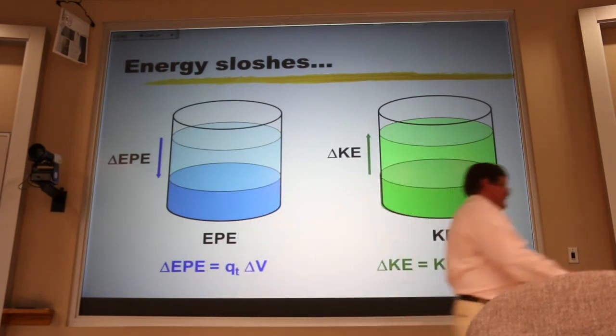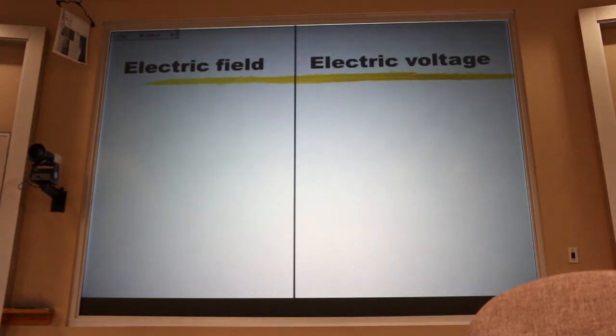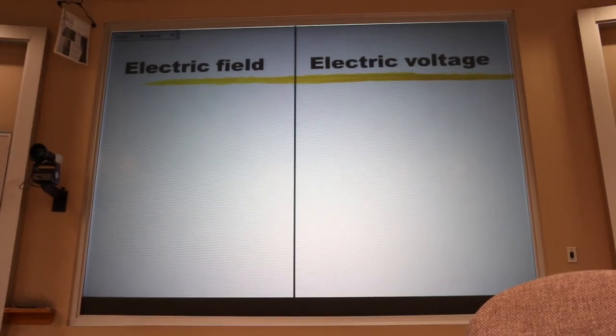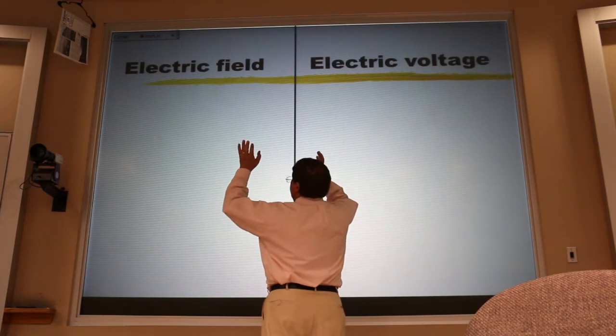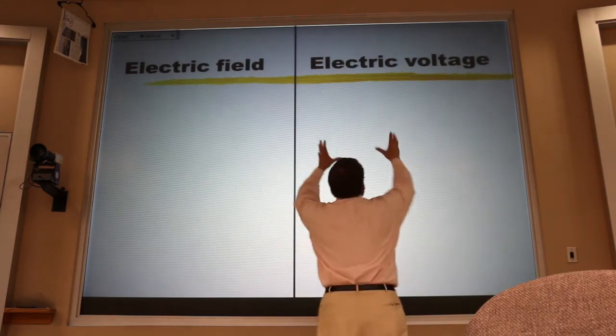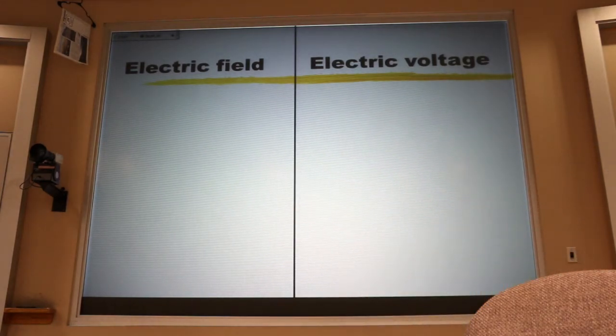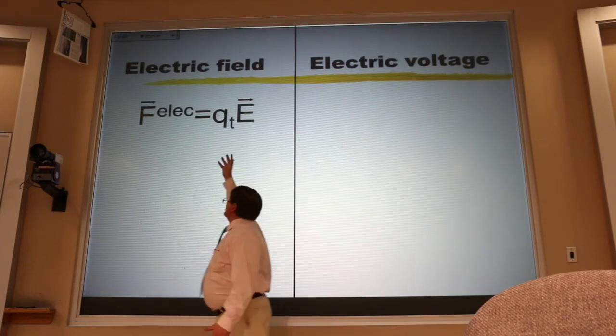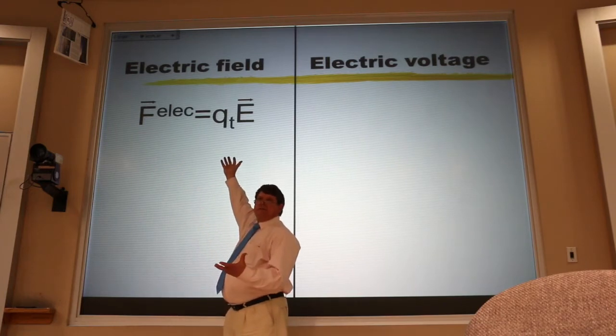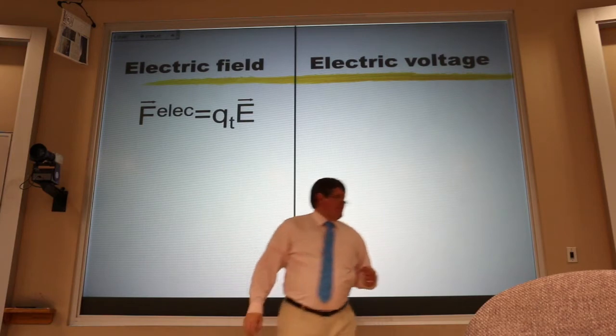Now, the other thing that I would like you to focus on during break, when you're not on a beach, is the fact that I have the same relationship with the electric field as I have with electric voltage. They are both rates. I have this equation relating the force that I care about to the electric field as just a gimmick. Okay?